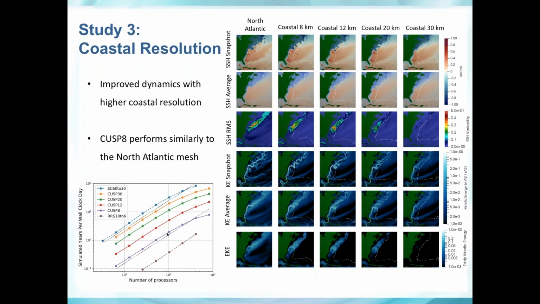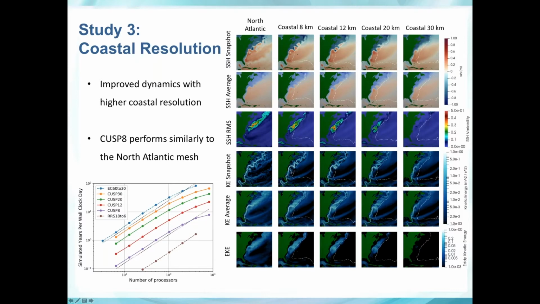The next study is looking at different coastal resolutions. So we have the North Atlantic, which is sort of our proxy for high resolution here, and then 8, 12, 20, and 30 kilometer. And somewhat unsurprisingly, the 8-kilometer here shows much better dynamics within the Gulf Stream region.